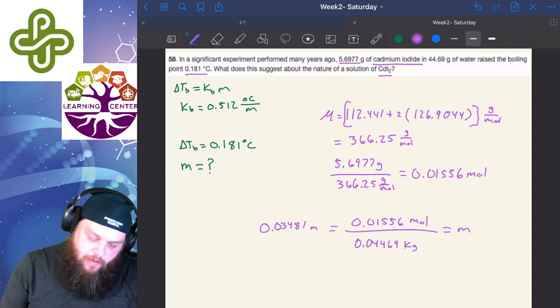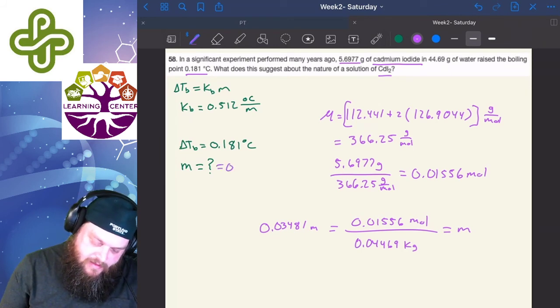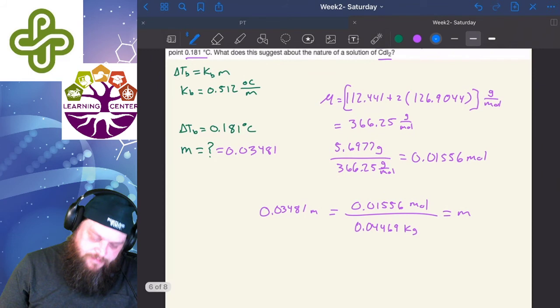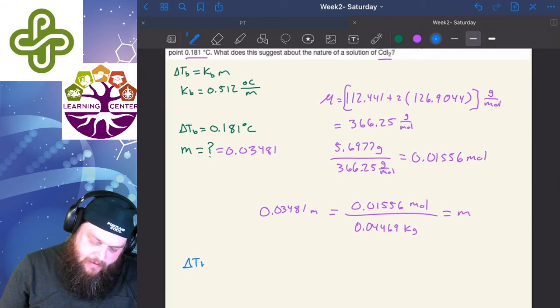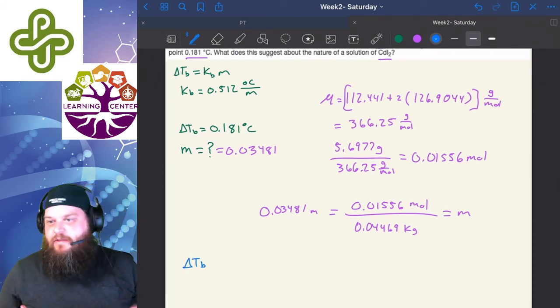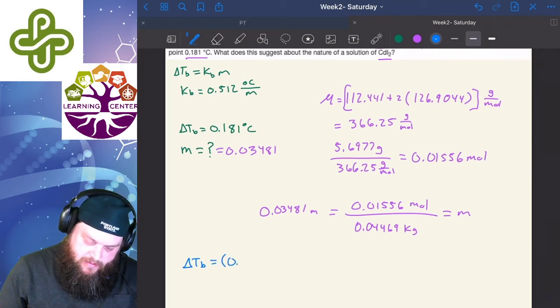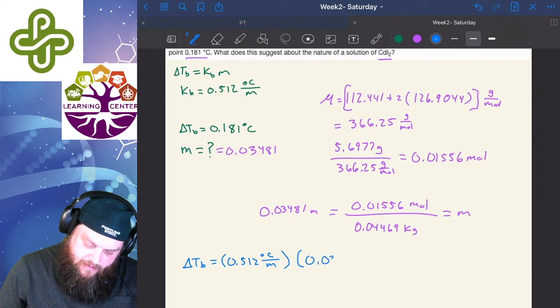So now that we have our molality, 0.03481, we can plug this into our equation to find out what the delta T should be if it was an ideal solution. So that should be equal to 0.512 degrees C per molal times our molality, 0.03481 molal.